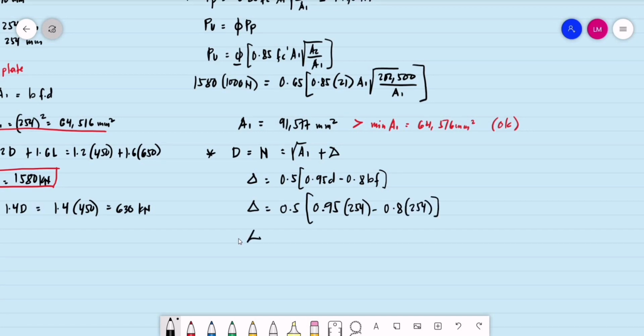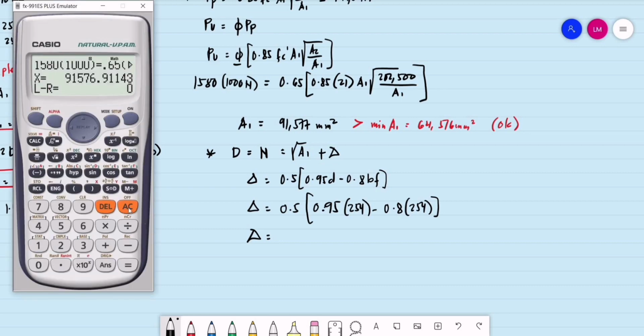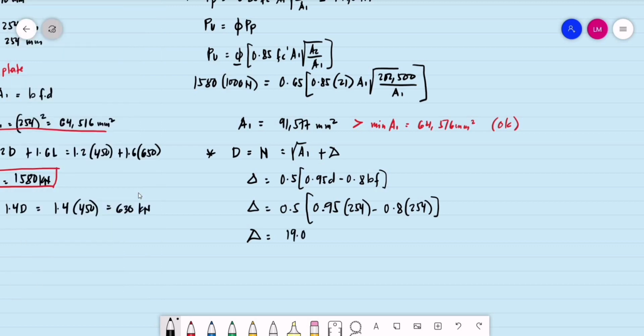So we have now the value of this delta is equal to 0.95 minus 0.8, and then multiplied by 254, and then divided by 2. That is equal to 19.05 millimeters.